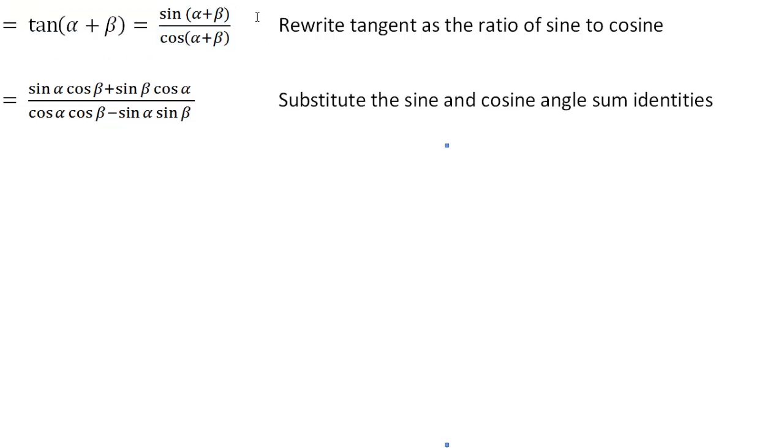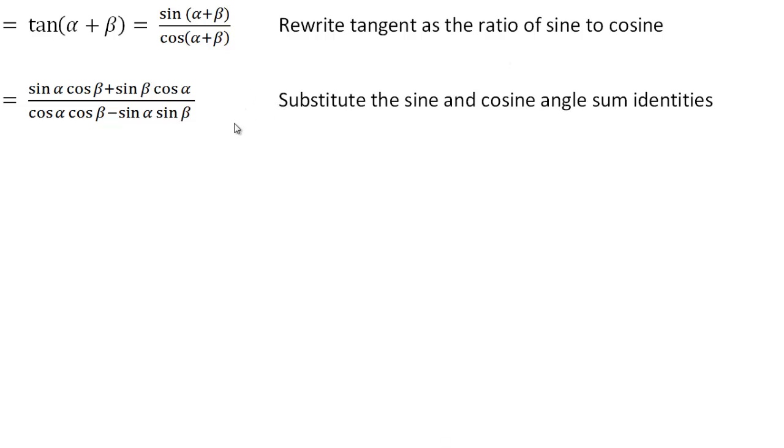For sine alpha plus beta, we're going to put sine alpha cosine beta plus sine beta cosine alpha. And then for cosine alpha plus beta, we're going to put cosine alpha cosine beta minus sine alpha sine beta. So by substituting those angle sum identities, we can rewrite it.